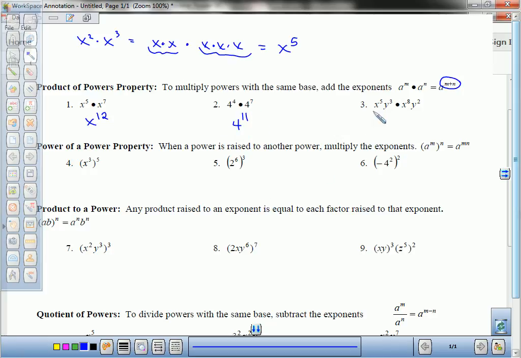All right, now this has multiple variables. So we have to take one variable at a time. We're going to look at our x's first. So we have a 5 and an 8. So that's 5 plus 8. And then we'll look at our y's. We have a 3 and a 2.